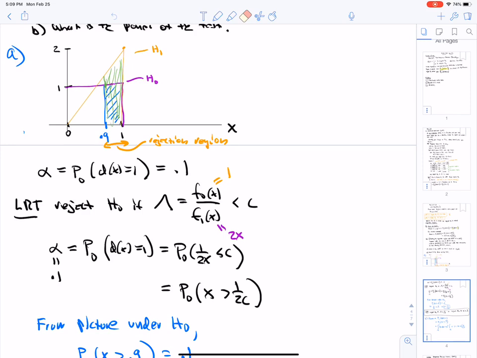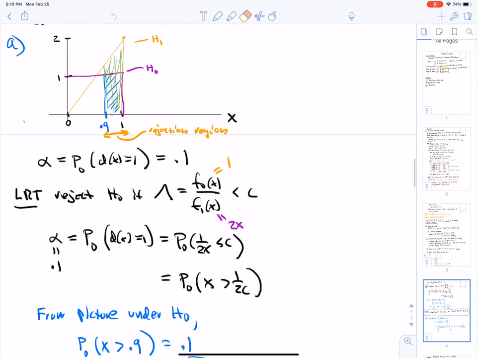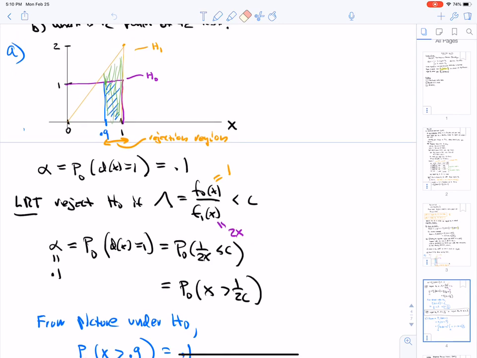So for one thing, you can see that the rejection region is going to be to the right, so to have the probability be 0.1, the threshold needs to be 1 over 2c. So in other words, 1 over 2c needs to be 0.9.